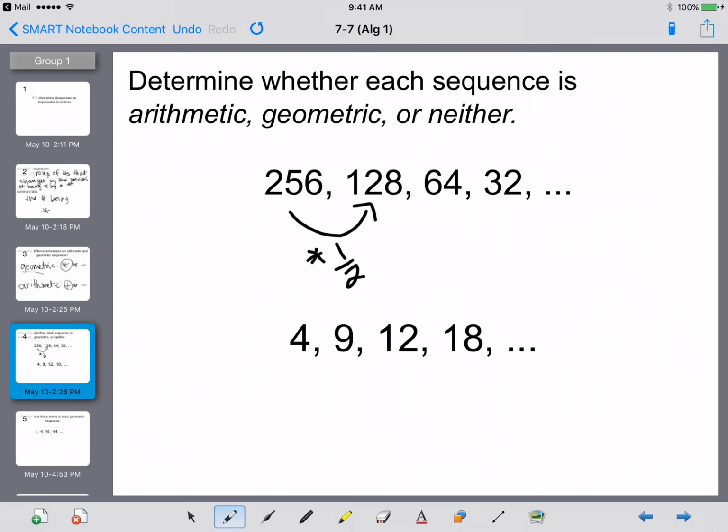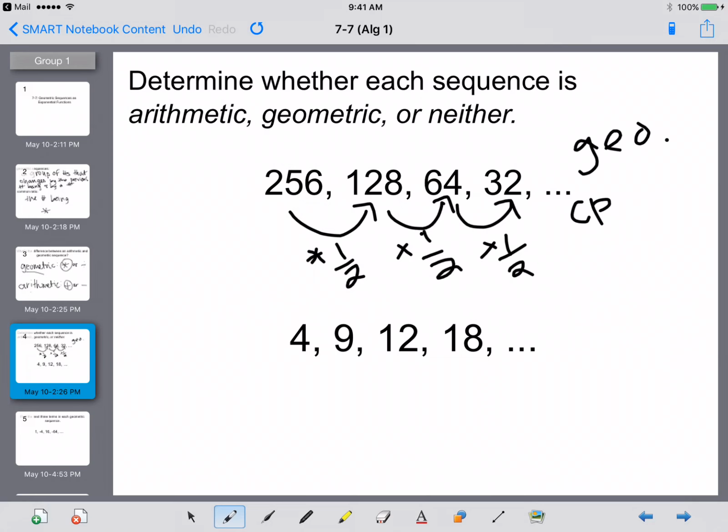So divided by 2, multiplied by 1/2. Let's check again. 128 times 1/2, guess what? Is 64. 64 times 1/2 is 32. So this one is a geometric sequence, and the common ratio is 1/2.